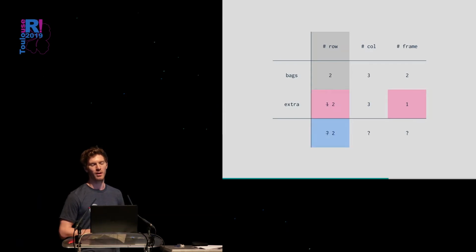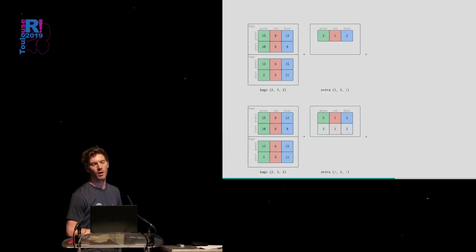So here extra gets recycled from 1 row to 2 rows. Now both bags and extra will have 2 rows, so our output probably has 2 rows as well. What does that look like? Well, here you've got extra, our 3D version of it, in the top, and here we just duplicate the row of extra down, and you can see that in the lighter shade of green, red, and blue.